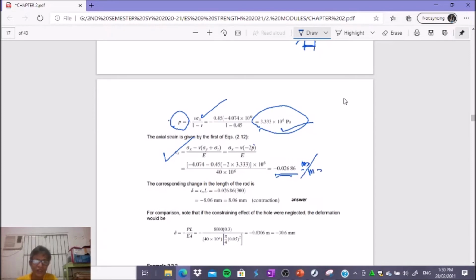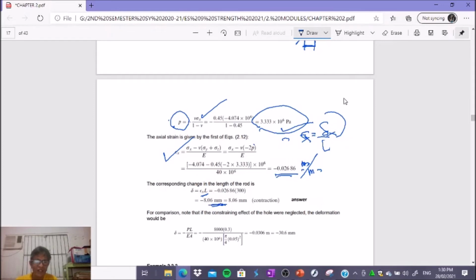And you are now going to use the formula deflection. Di ba meron tayong formula na strain is equal to deformation over L. Gagamitin mo lang yung formula na yan. Then, if this is x, then you'll also have stress and strain in x direction, deformation in x. And you're just going to multiply it by L, makukuha mo na yung contraction of the material.